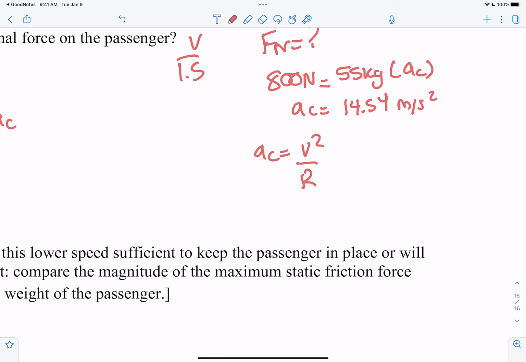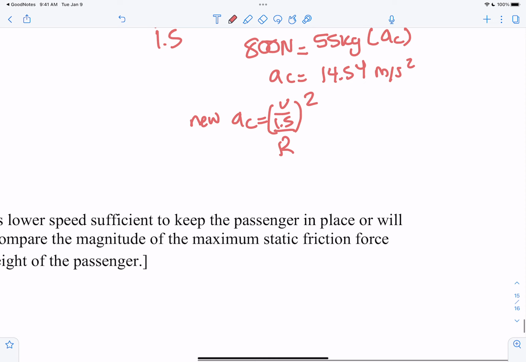If we say v divided by 1.5, whatever that value is, and we square it and divide by r, that would give us our new centripetal acceleration. If I calculate this out and simplify, I can see that it's equal to v squared over 2.25 r.